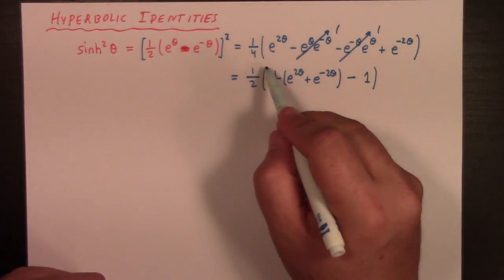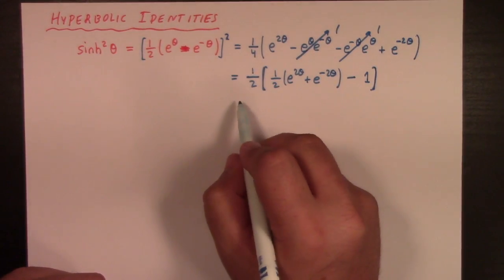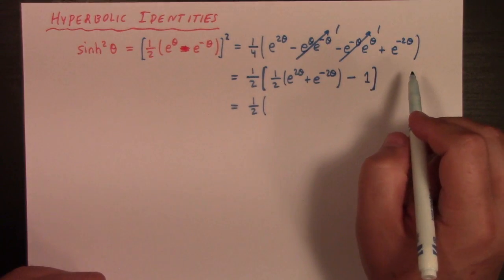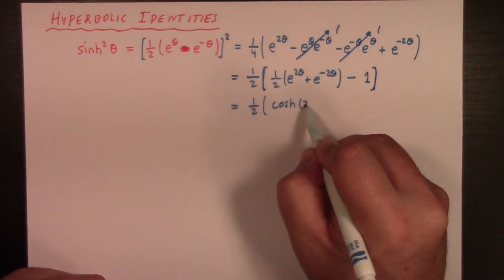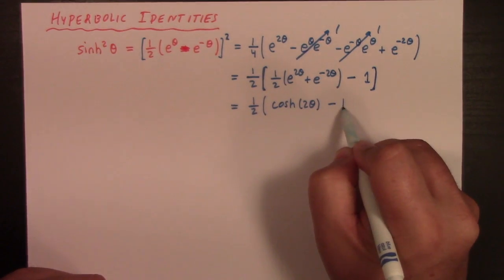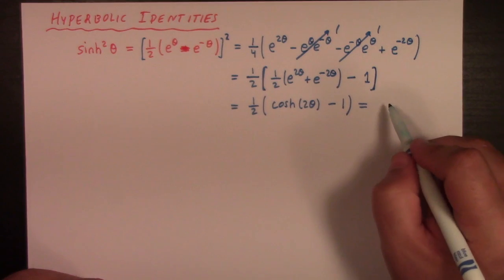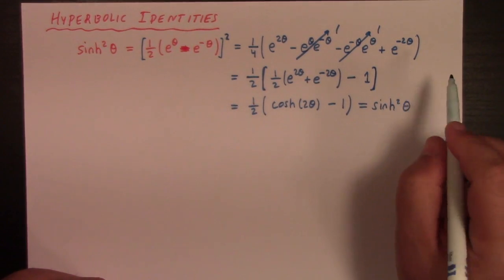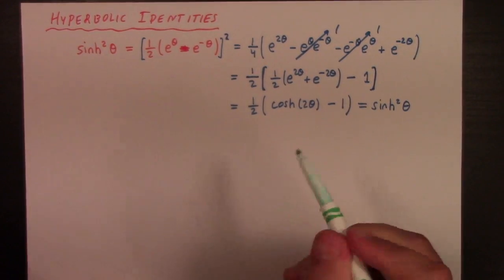So I can pull out the 1/2, and 1/2 of e to the 2 theta plus e to the minus 2 theta, well, that's cosh 2 theta, minus 1. All right, so there you go. There's a handy-dandy identity for the hyperbolic sinh squared, the double angle for hyperbolic sine.